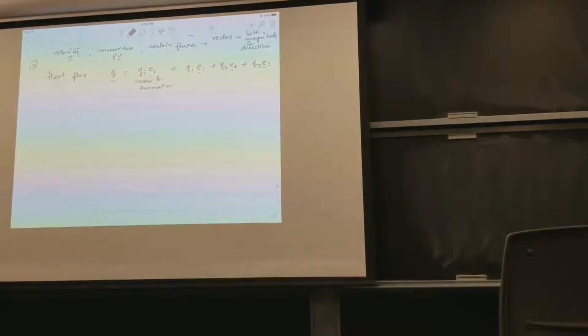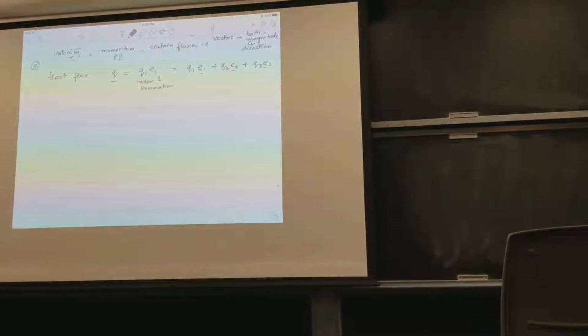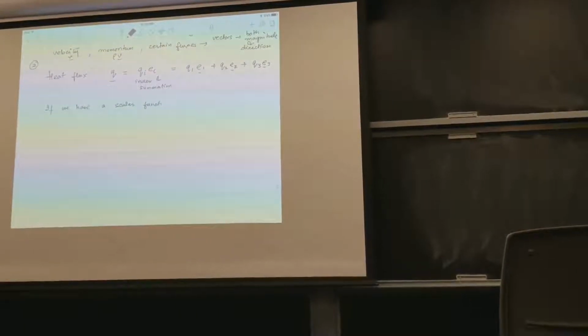All right, so now what I want to figure out is, if we have a scalar function, temperature for example, that varies in space with position, and we can do this in any coordinate system we want.